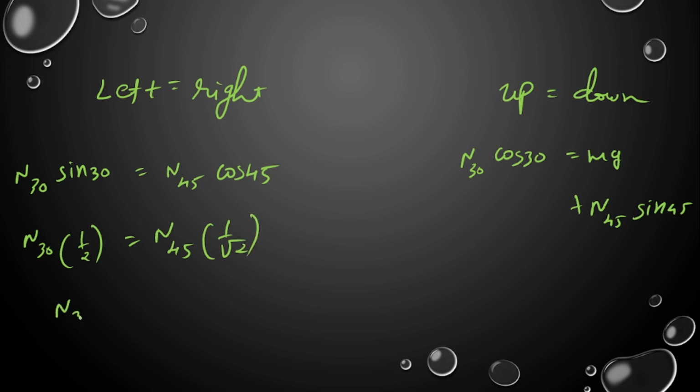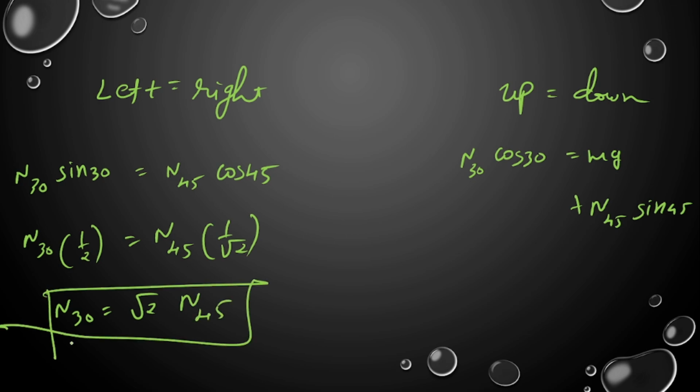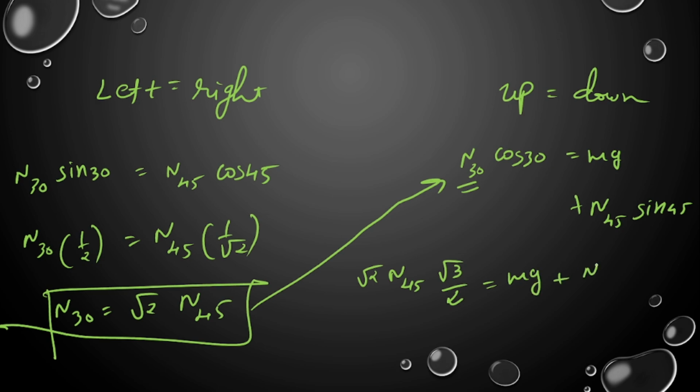So we can write N30 is equals to root 2 N45. So in place of N30 we will write root 2 N45, cos 30 is root 3 by 2, equals to mg plus N45 sin 45, which is 1 upon root 2.